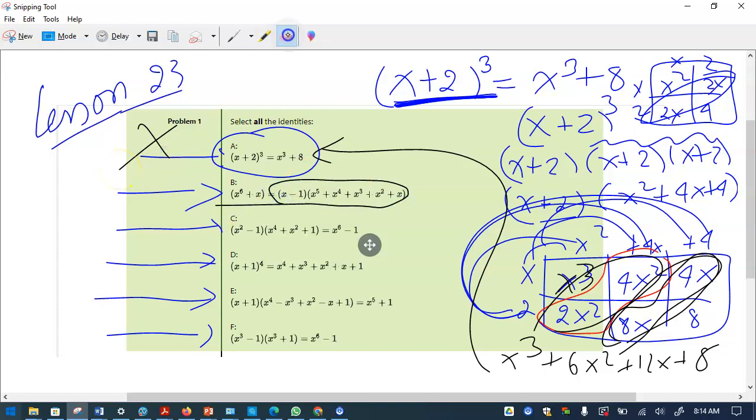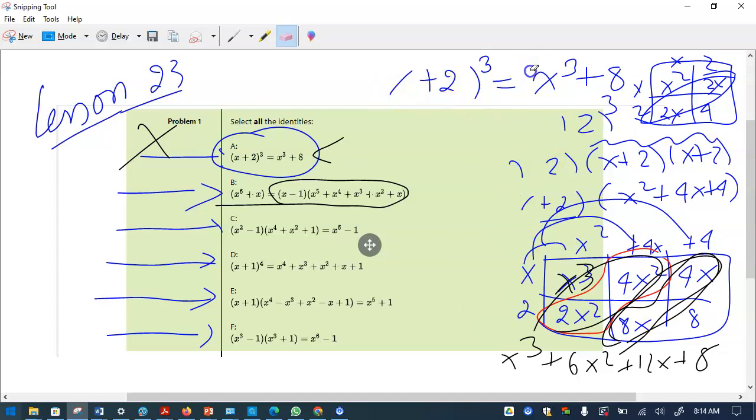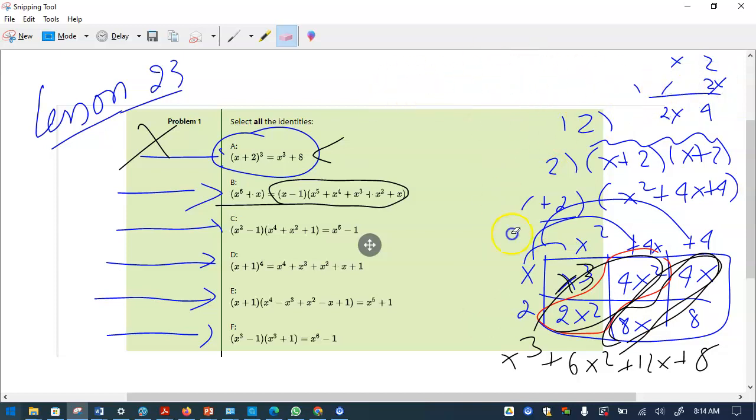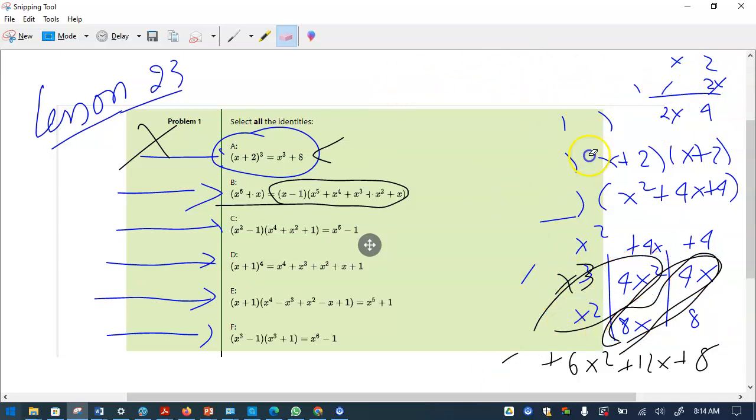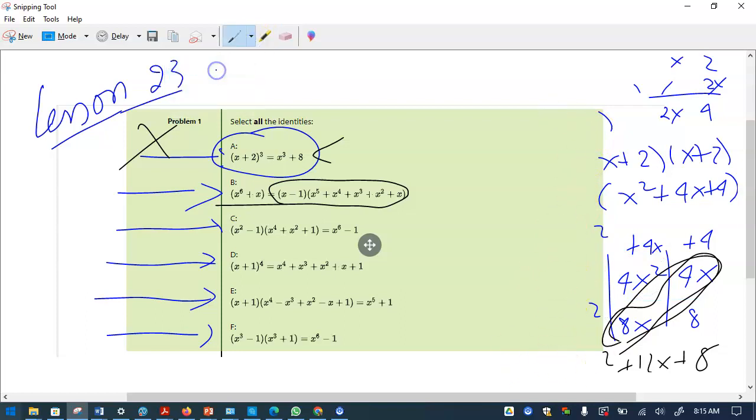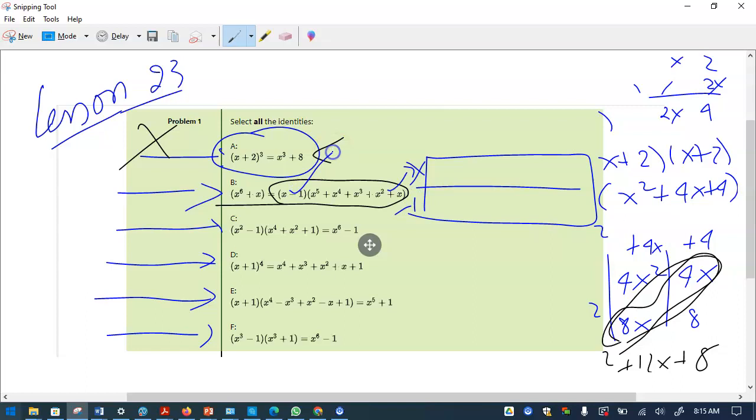Likewise, you have to do this part. The best way is to do the distributive property by the box method. I would do the box method to figure it out, and each time you have to do this. Let's say I want to try this one, which is a long one. You put x and minus 1 right here. That's one. And the other one is x raised to 5, x raised to 4, x raised to 3, x squared, and x.